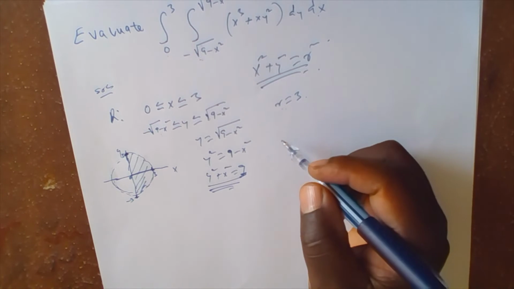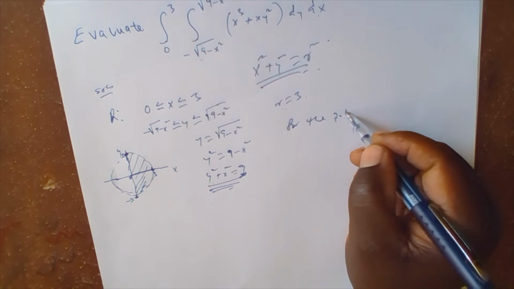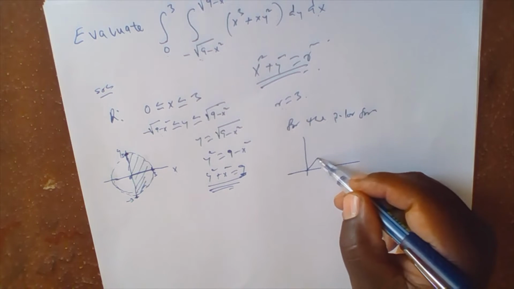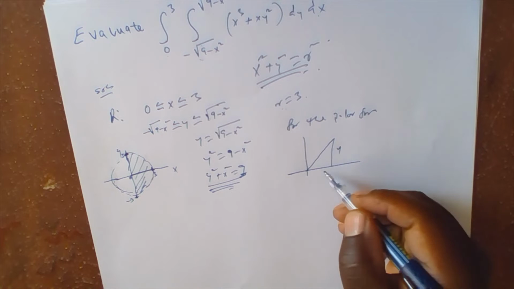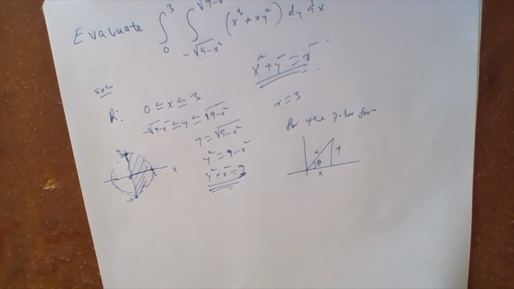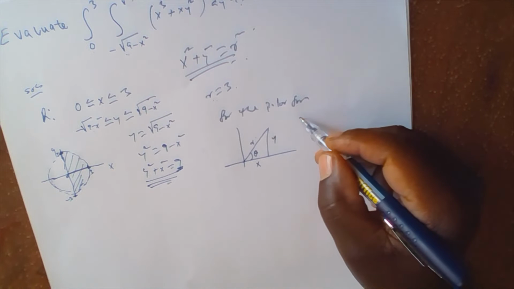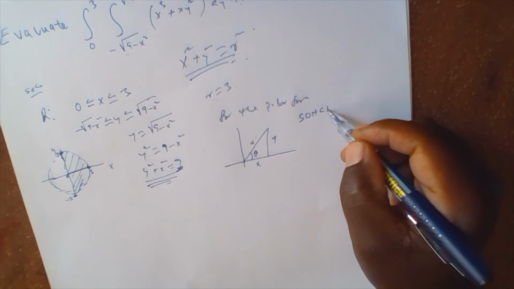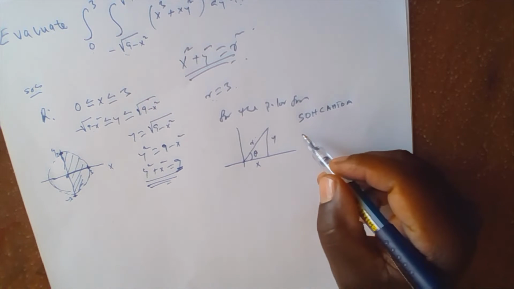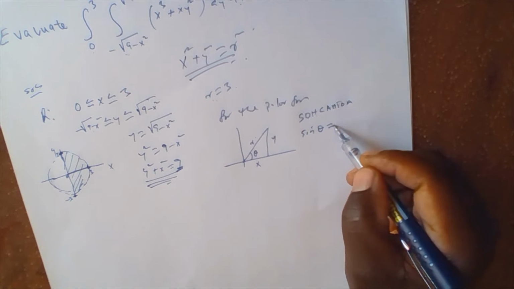For the polar form, this is very important. You can use this. So this is y, this is x, this is the angle, this is r. Now from here, we can apply SOHCAHTOA. The sine of the angle is given by opposite over hypotenuse.